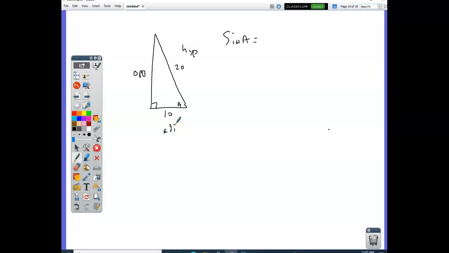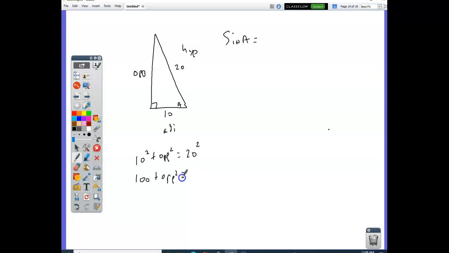So I'm going to have to solve for it. How do I solve for it? Pythagoras. All right, remember our friend Pythagoras. 10 squared plus the opposite squared equals the hypotenuse squared. 10 squared is 100.